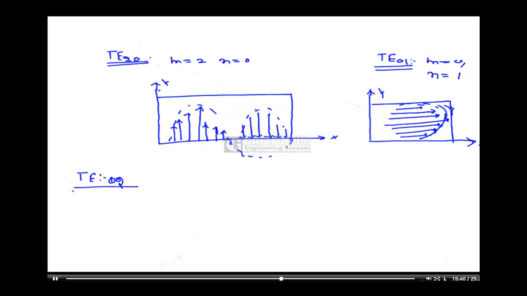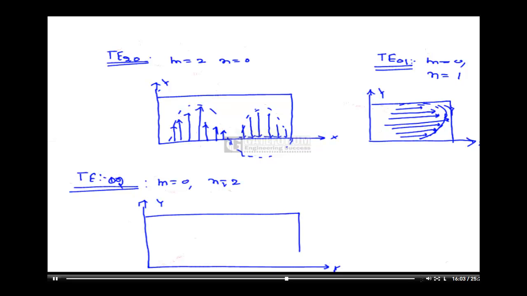02. That is m is equal to 0, n is equal to 2. Then how to represent this? The number of half cycles along x-axis is 0. Number of half cycles along y-axis is equal to 2. So this is x-axis. This is y-axis. So there are two changes along y-axis. So this is one change.